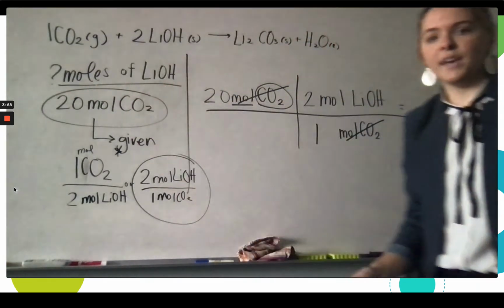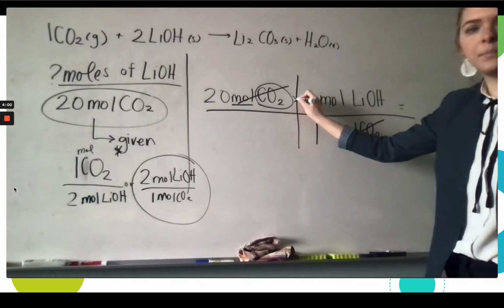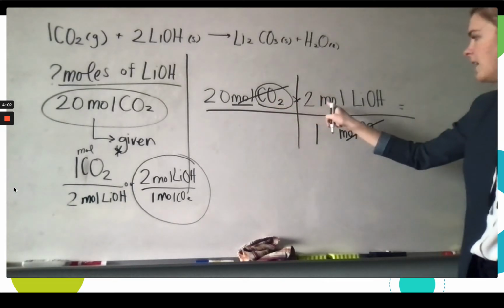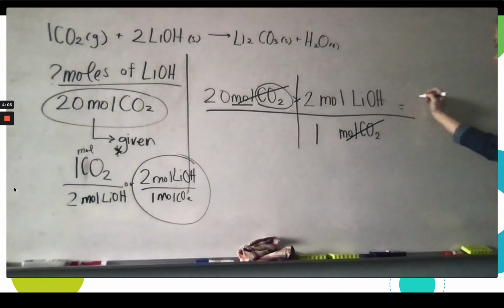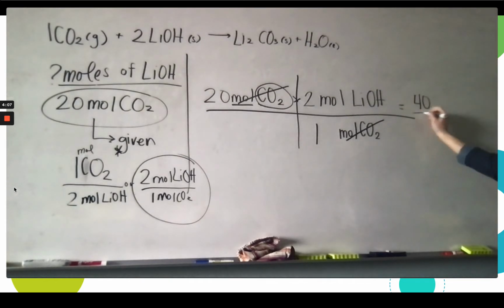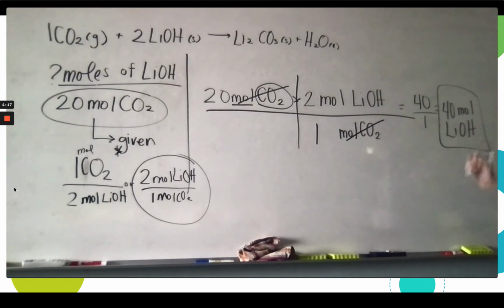To solve this, we multiply across the top, so 20 times 2 is 40, divided by 1, so we have 40 moles of lithium hydroxide as our answer.